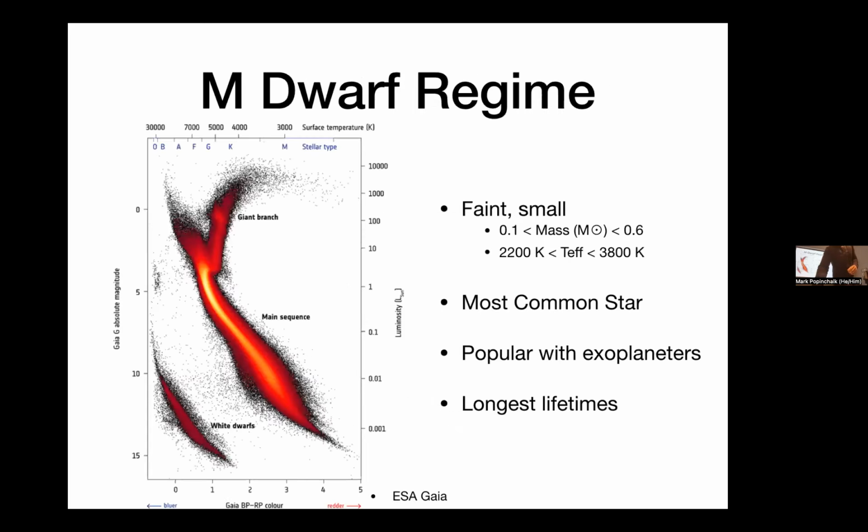So to start, the M-dwarf regime, just to make sure we're all on the same footing: these are faint, small stars, much smaller than the sun, between 0.6 and 0.1 solar masses, with a temperature range around 2000 to 4000 Kelvin. And they are the most common type of star. So people who like exoplanets want to find planets around them, because then there'd be lots of exoplanets.